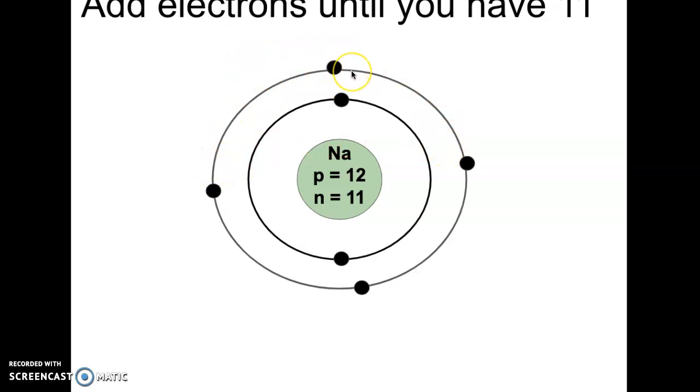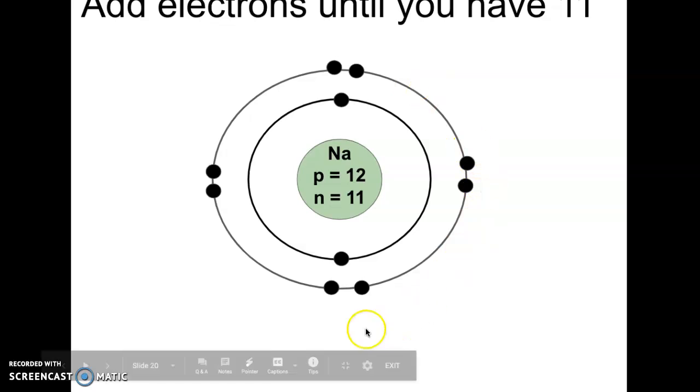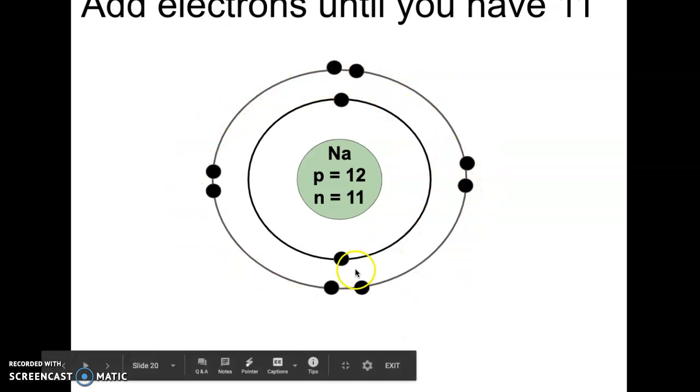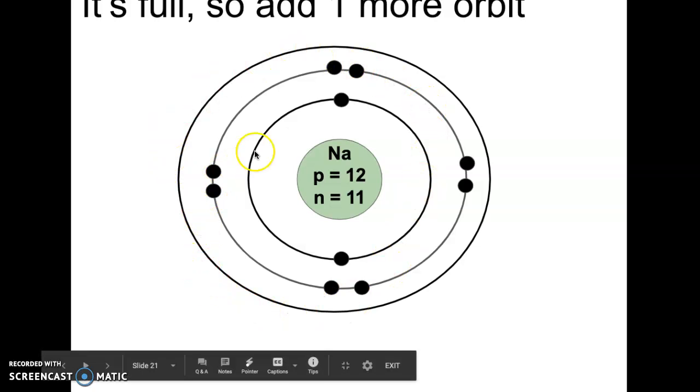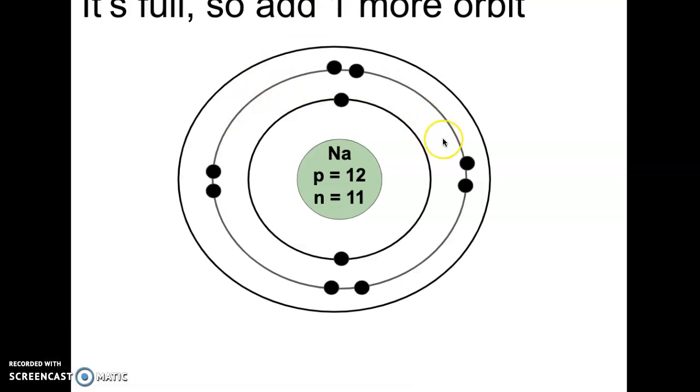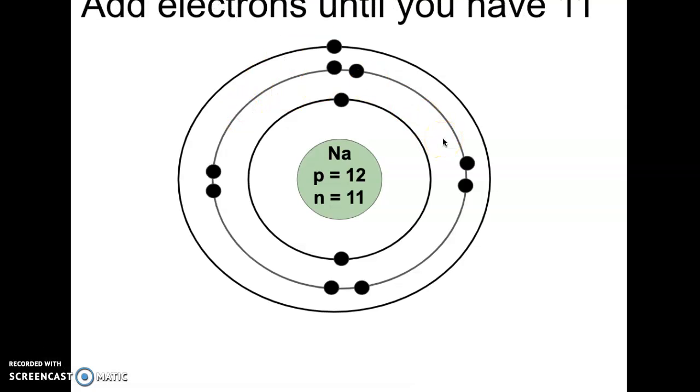So 6, 7, 8, 9, 10. This shell is now full because it has 8 electrons, which means we have to add another shell. We only need to add one more electron because we already have 10. And so there's our 11th, and there is our diagram.